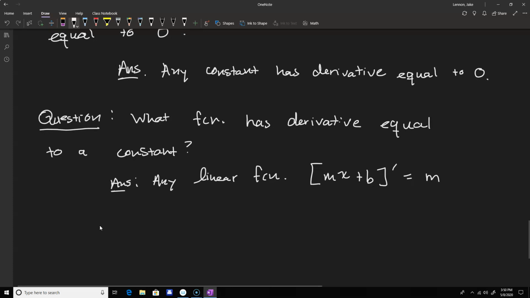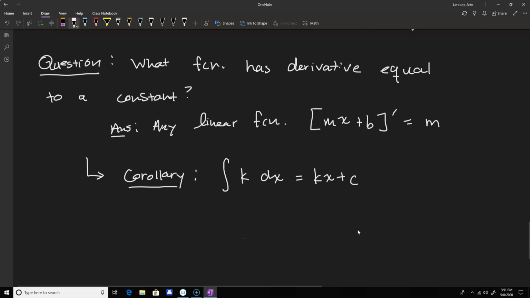So the takeaway from this, kind of the corollary, is that if we take the antiderivative of some constant function, we would just get, well, maybe c is a poor choice because we use c for the general constant that you add in for the family of antiderivatives. So let's say k. Then the antiderivative would be kx plus c.